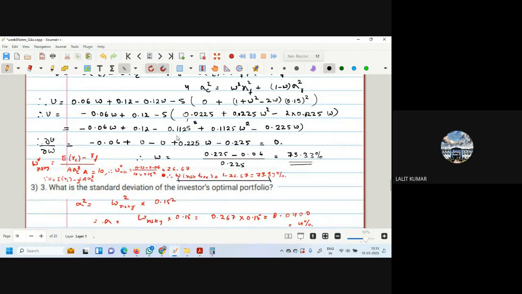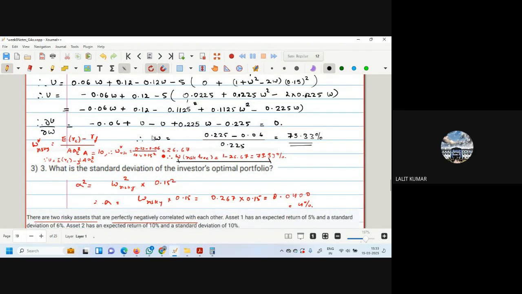Now we come to the next question. What is the standard deviation of the investor's optimal portfolio? When this word optimal is used, it means your variance should be the minimum. And for that, what do we do?